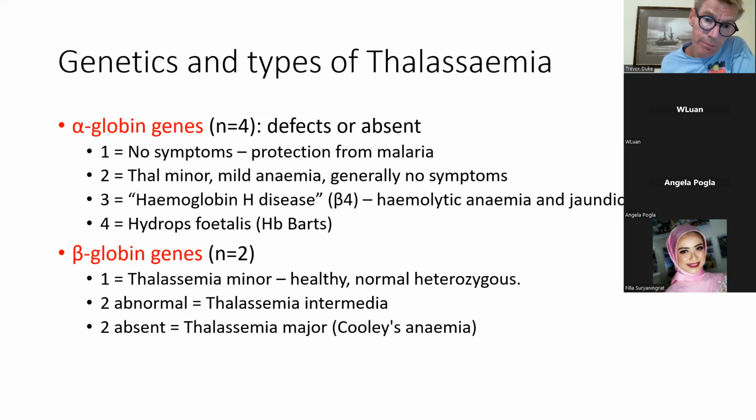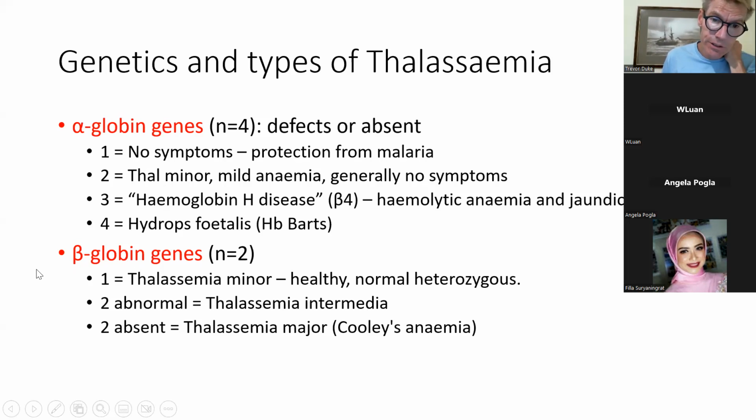And that's called hemoglobin Barts, where babies are usually stillborn or die soon after birth, usually stillborn with severe hydrops. So there's a wide variety of severity of alpha thalassemia, from completely asymptomatic to fatal at the time of birth.